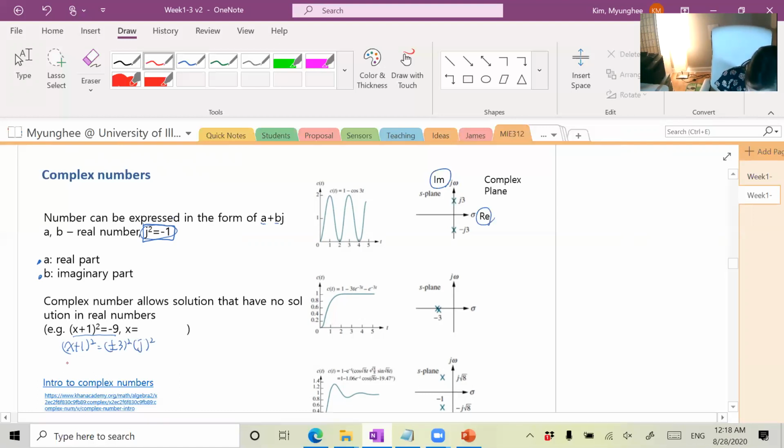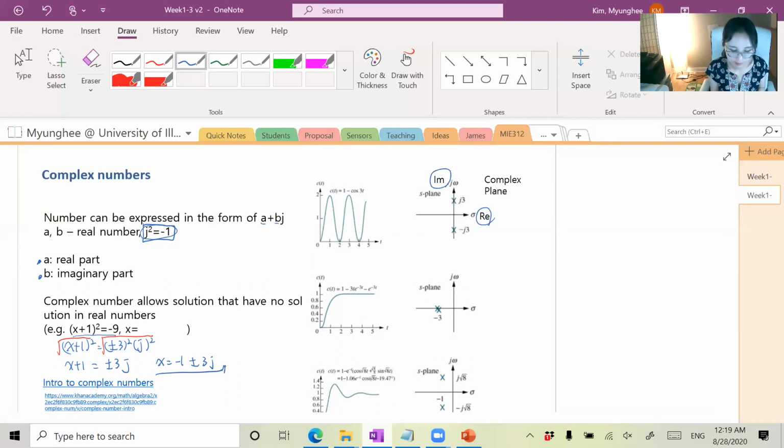Then next thing is take the root, then it becomes x+1 equals plus minus 3j. Then x becomes -1 plus minus 3j. So we can have a solution for this case.